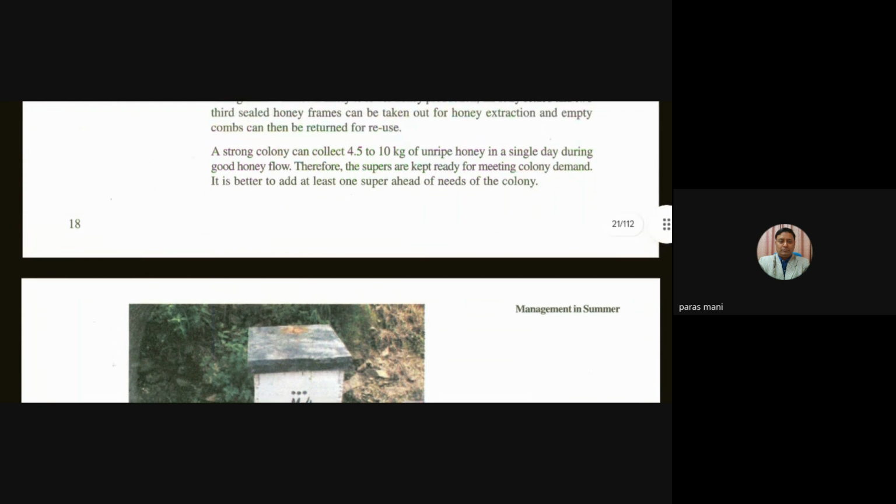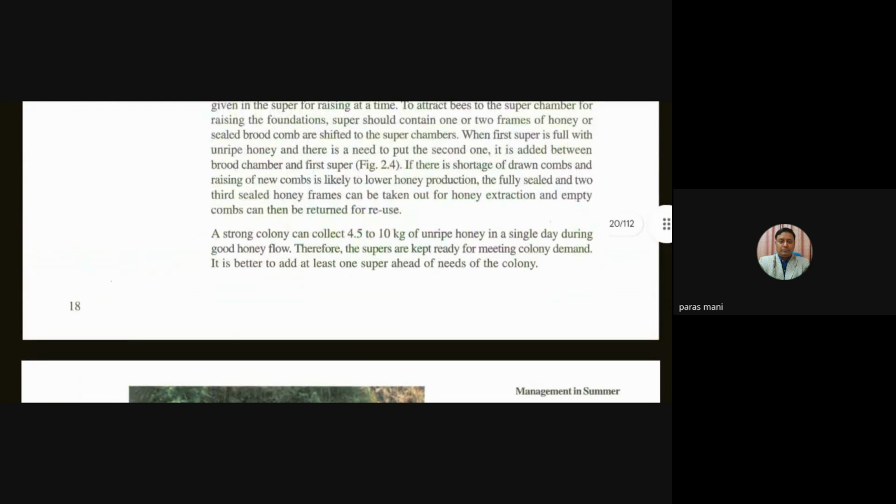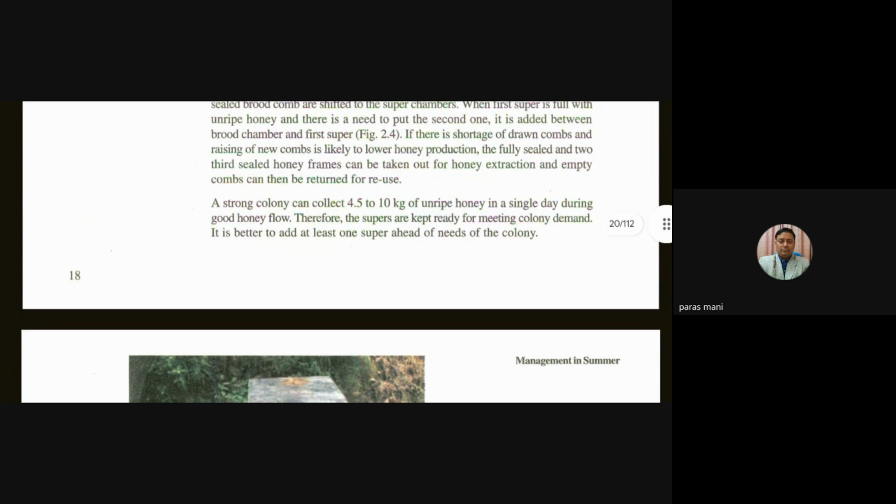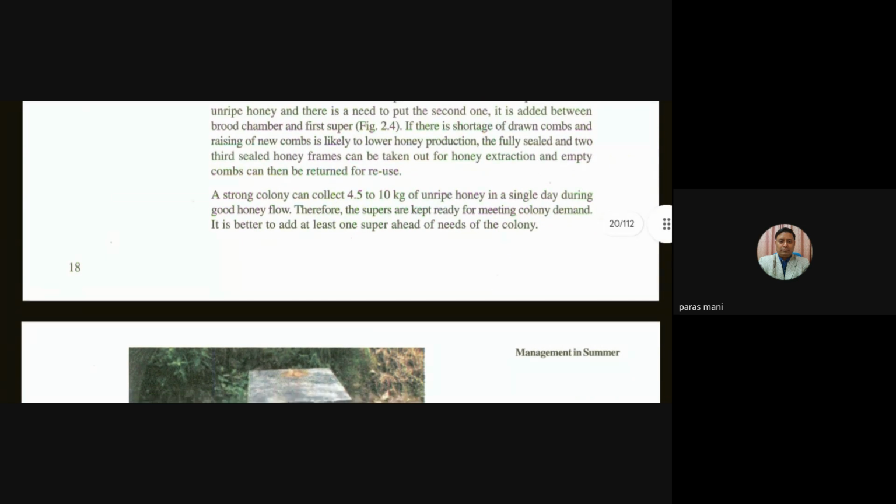A strong colony can collect 4.5 to 5 kg of unripe honey in a single day during a good honey flow season. Only one colony can collect up to 4.5 to 10 kgs in one day. Yeah, it is in extreme conditions where everything is congenial, everything is optimized.